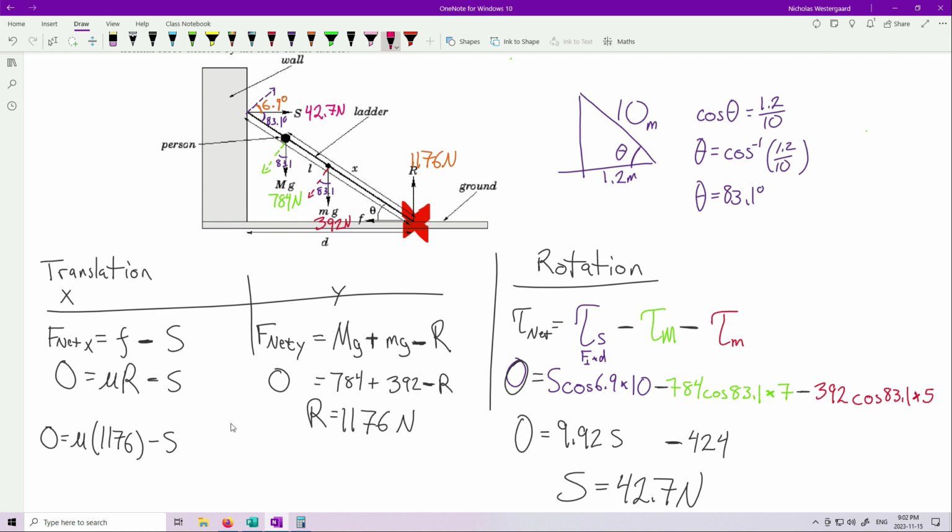And actually, now that we have S, if we really wanted, we could even find the coefficient of friction, since we now have S. But that wasn't actually a problem written in there, so that's okay. Hopefully this wasn't so crazy.